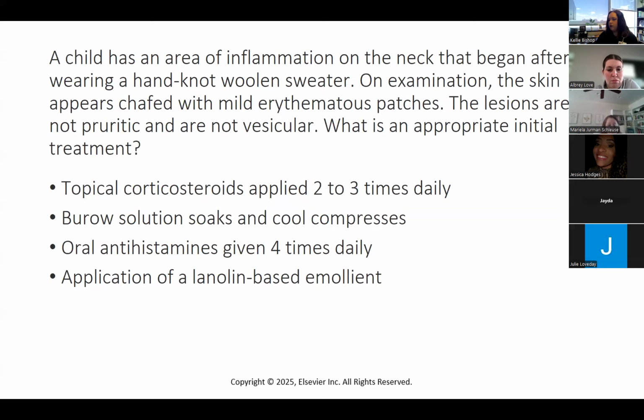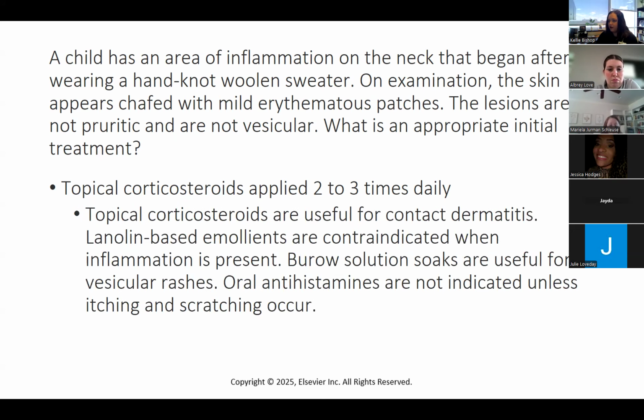Topical corticosteroids 2 to 3 times daily, burrow solution soaks and cool compresses, oral antihistamines 4 times daily, or a lanolin-based emollient. The second one. B. It's actually corticosteroids, because of the contact derm. Lanolin-based are contraindicated if there's inflammation, so we knew that.